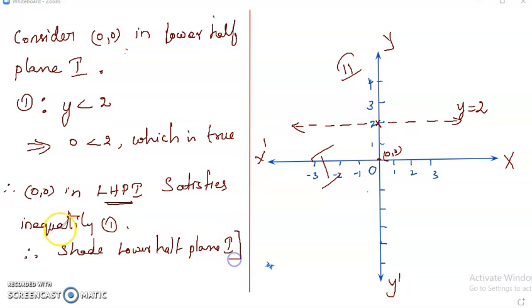It satisfies, so it is true. Because it is true, it satisfies. So this plane is the solution; if not, the other half will be the solution. Therefore, the shaded lower half plane is the solution region.